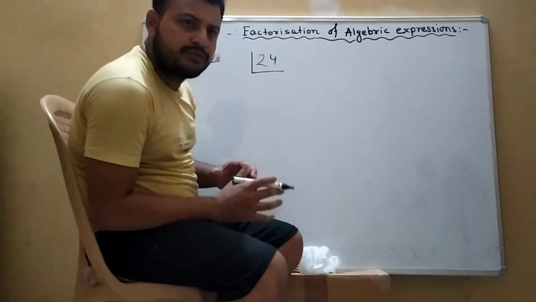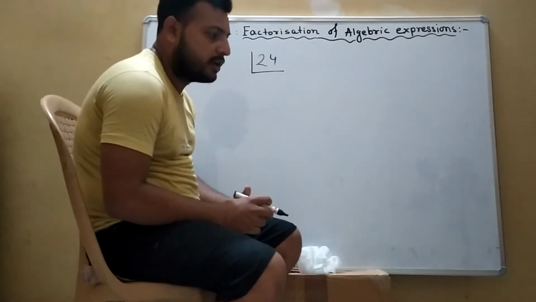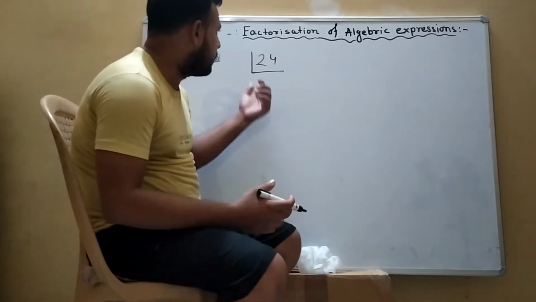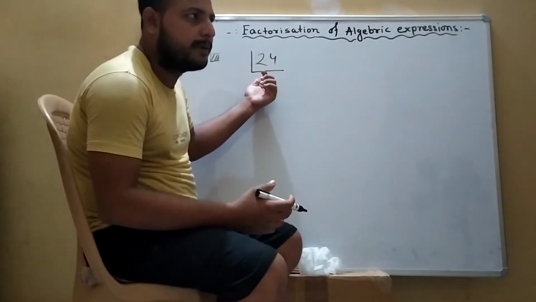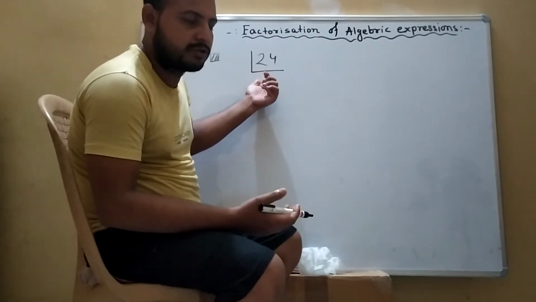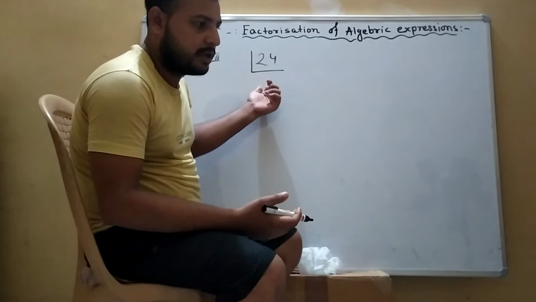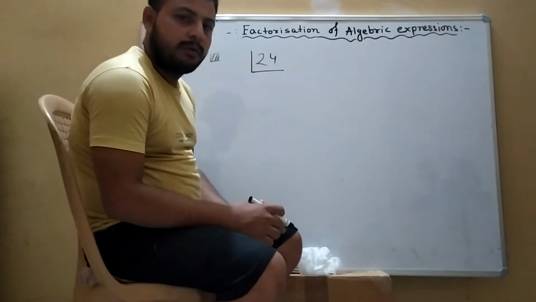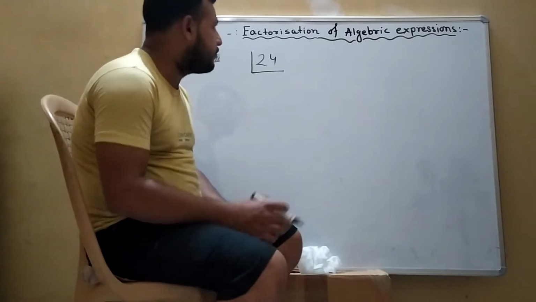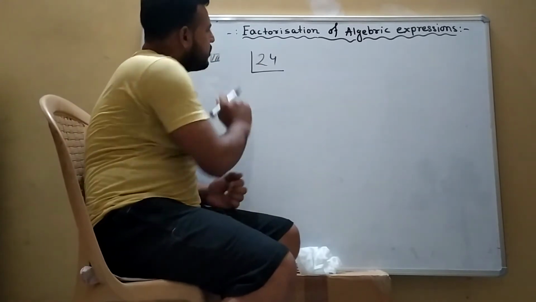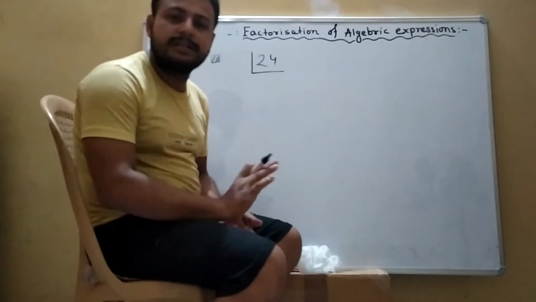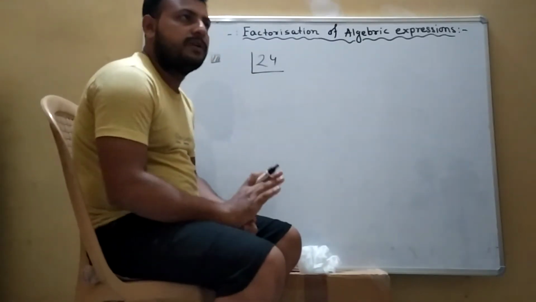If you are going to find the factors of 24, then first of all we use the long division method, or prime factorization method, as it is sometimes called. The divisors are actually called the factors of numbers.